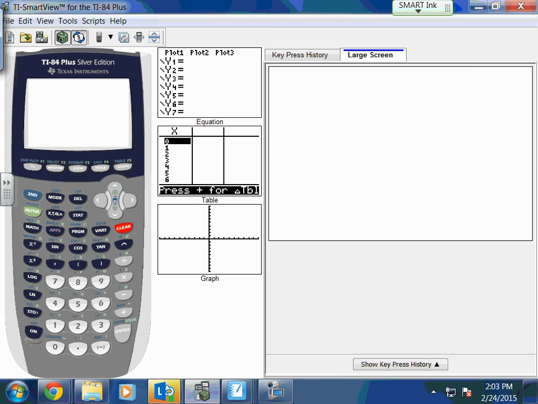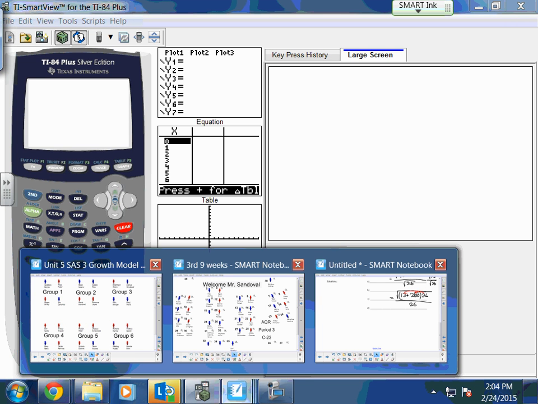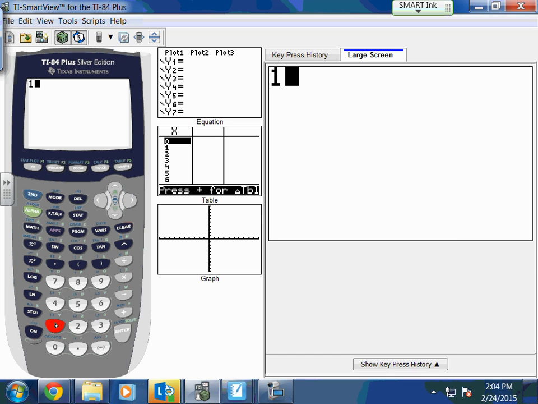Let's see, let's go back. So I could go ahead and do 13. Okay, it says right there, 13 times 26. That's the number I was trying to multiply. 13 times 26 is 338.